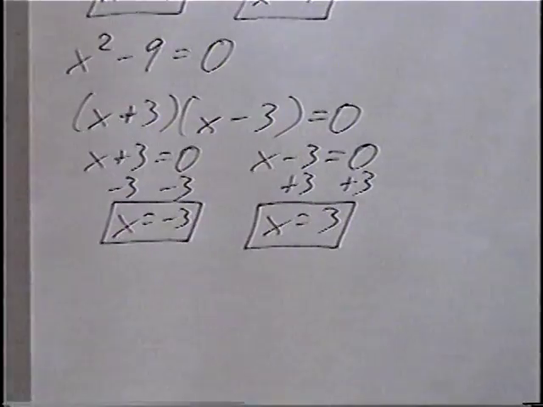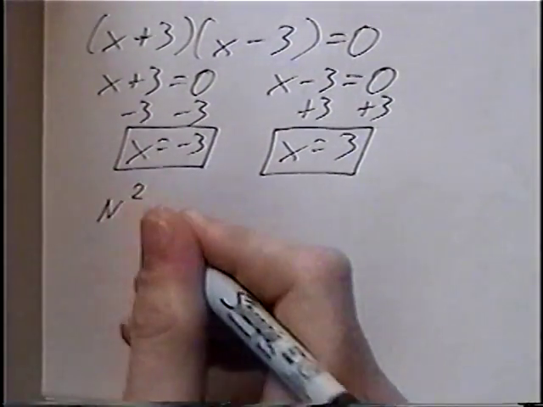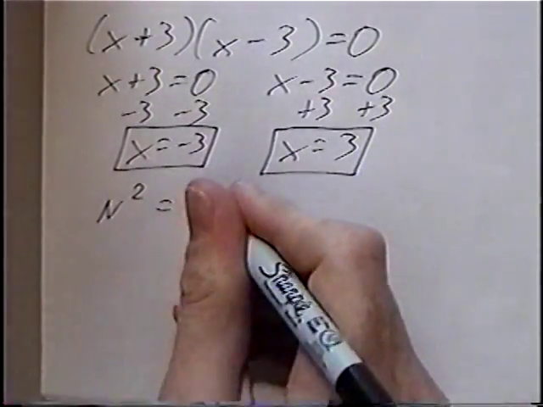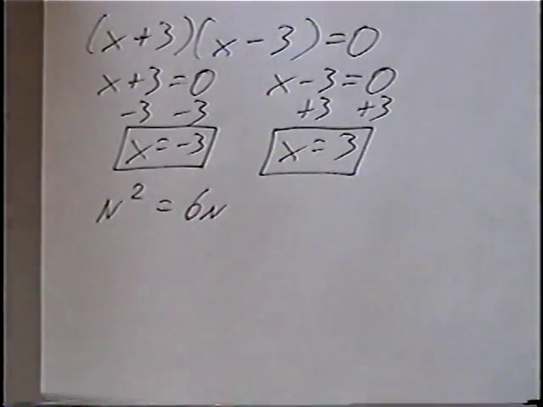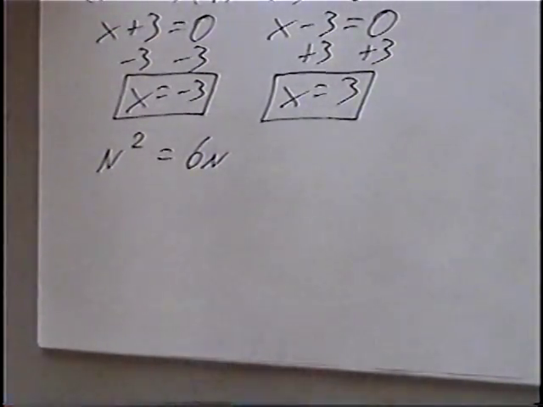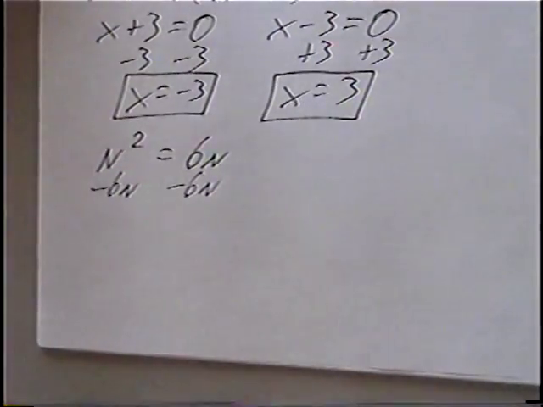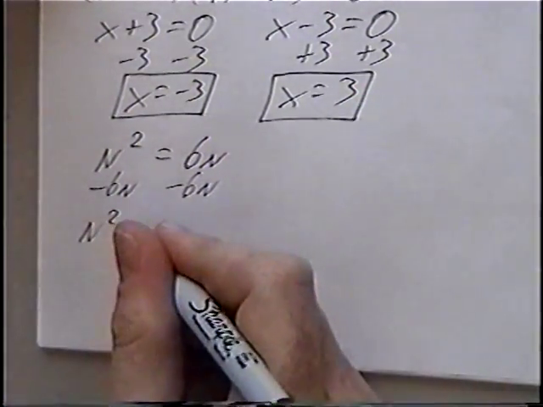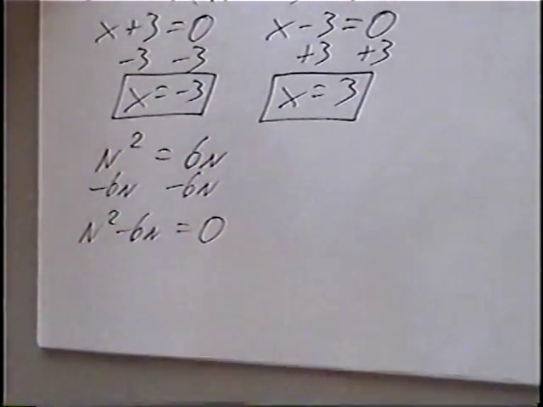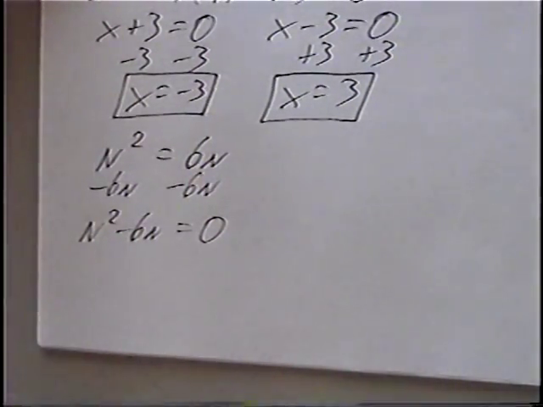Last question for the section. N squared equals 6n. To solve this question, we want both variables on the same side. So we can subtract 6n. We'll have n squared minus 6n equals 0. Factoring, we can take an n out of each of these.